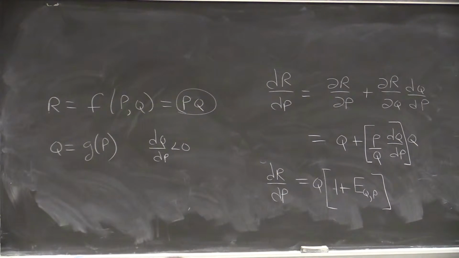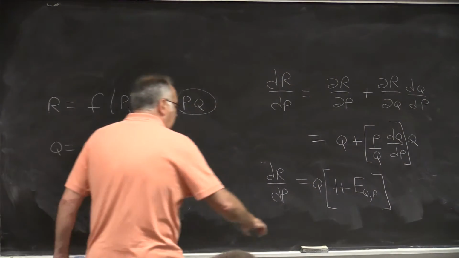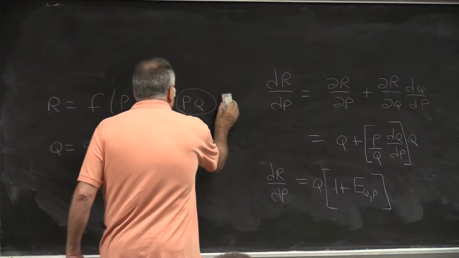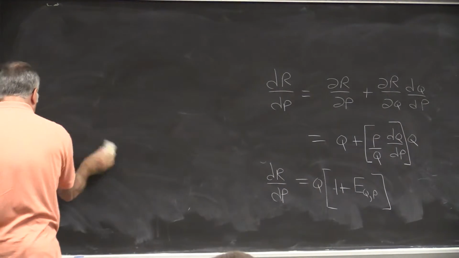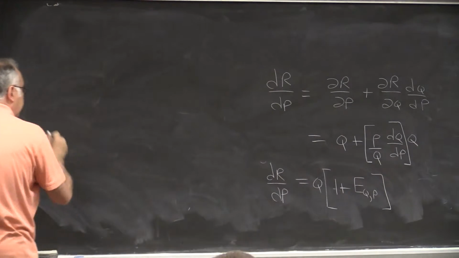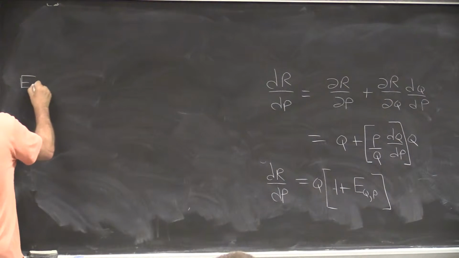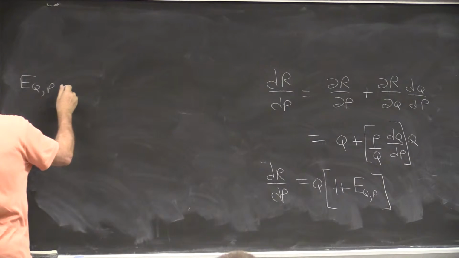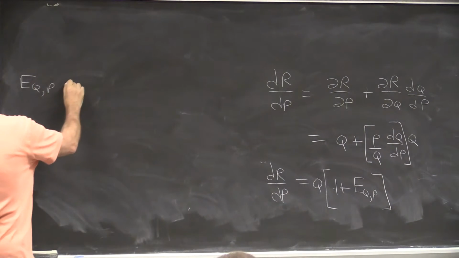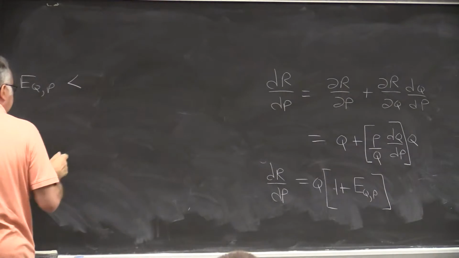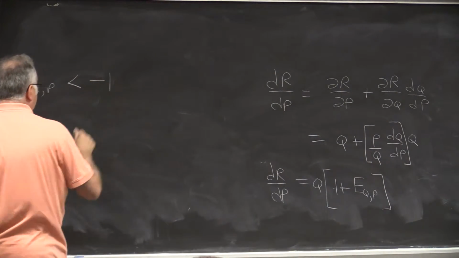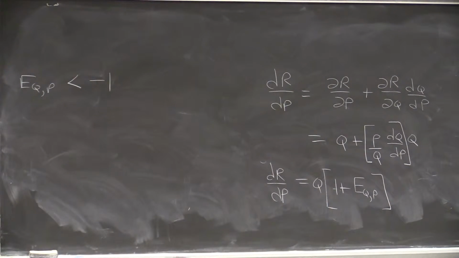So we actually get an interesting result here. Suppose now the price elasticity of demand is going to be negative. Now, suppose the price elasticity of demand, remember it's negative, is algebraically less than -1, meaning it's -2, -3, something like that.